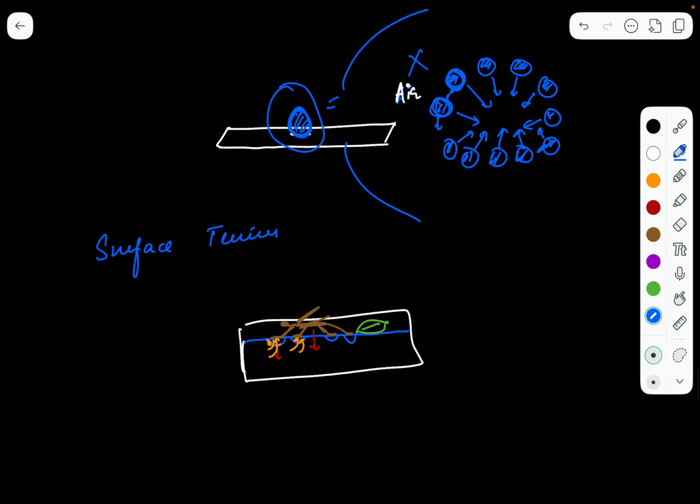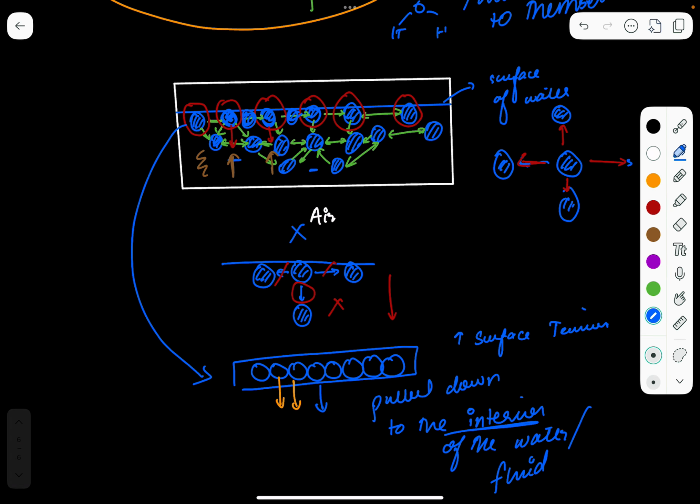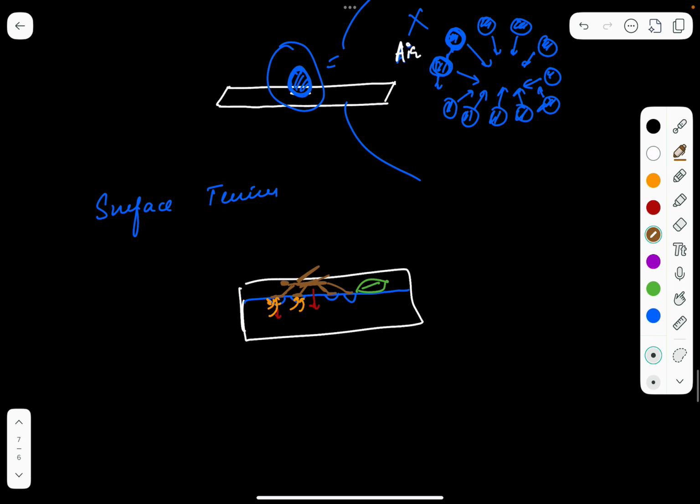And when an insect stands on it, it tries to disrupt this equilibrium that is formed between the water molecules at the surface constantly being pulled down, and the internal fluid pressure pulling it upwards. It disrupts it, and so you get this upward force being applied, not only from the disruption of the water molecules, but also from the buoyancy, right?